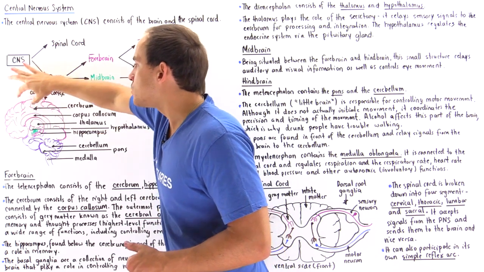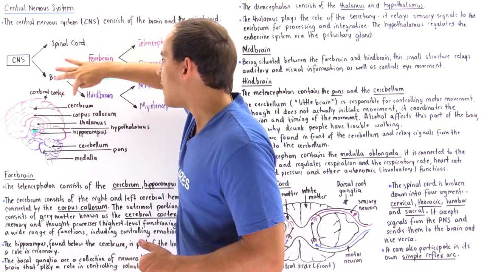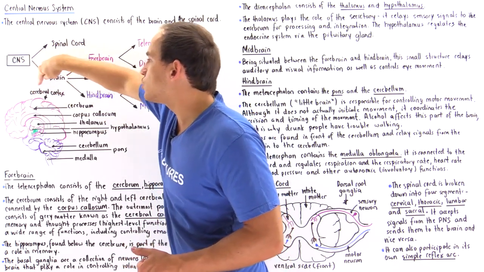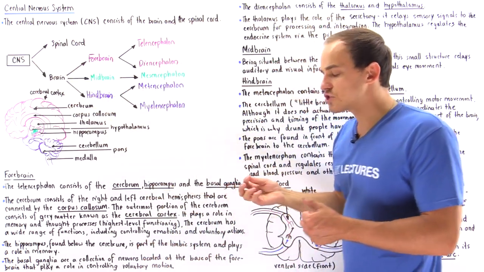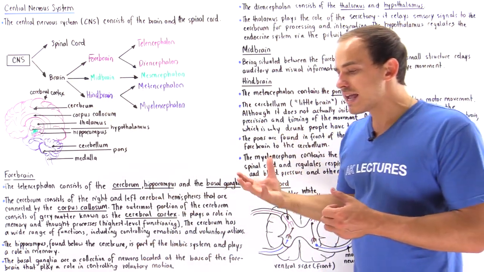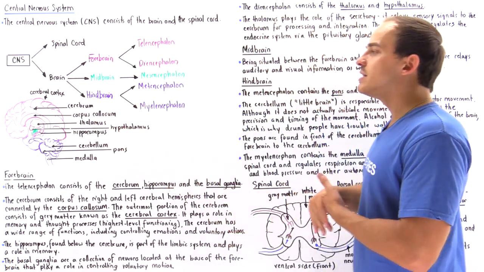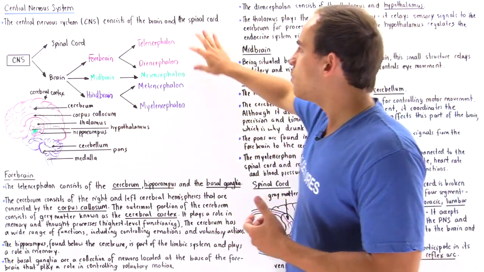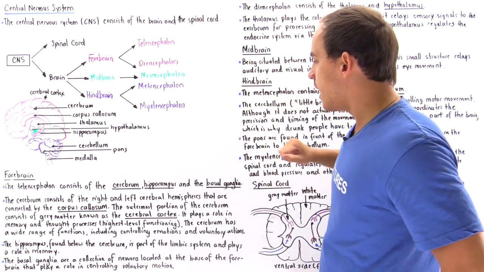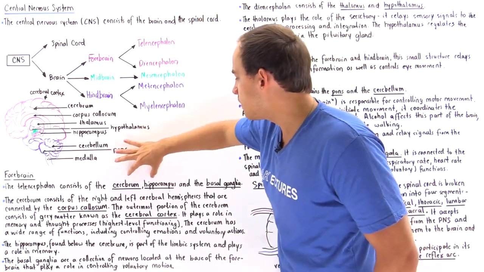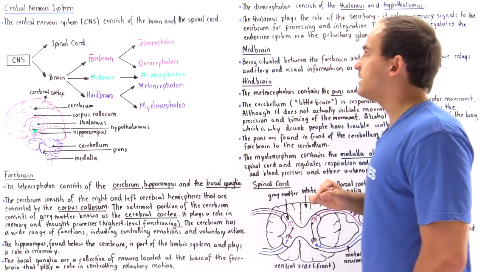Now, the outermost and the topmost portion of our cerebrum is a section known as the cerebral cortex. And within our cerebral cortex, we have the higher level functioning processes taking place. So that is our telencephalon. It contains the cerebrum, the hippocampus, and the basal ganglia.